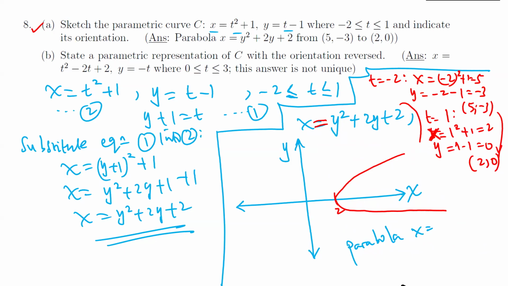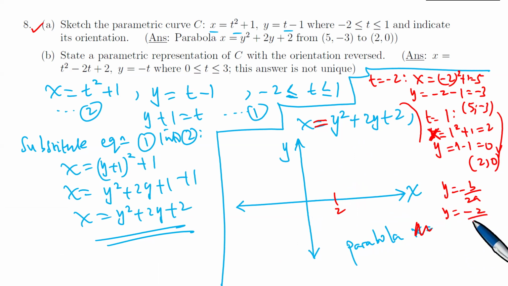But you need to look at it very carefully because it's going to provide a shift. y is going to be minus b over twice a, minus b is going to be minus 2 over twice a, which is minus 1. So which means its line of symmetry is going to be at minus 1.